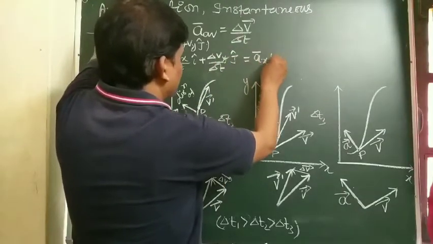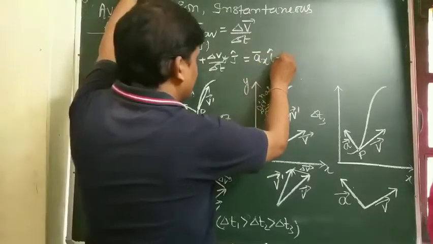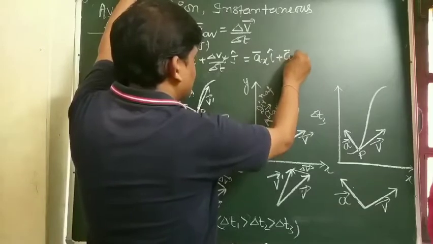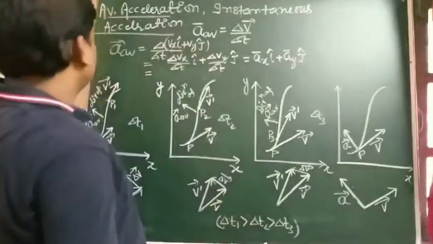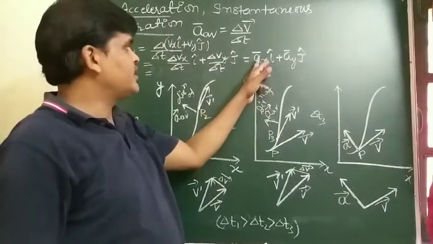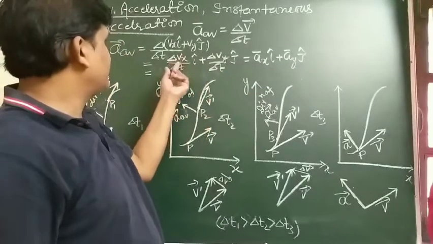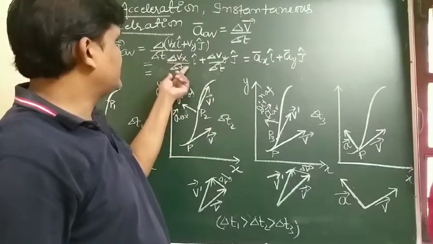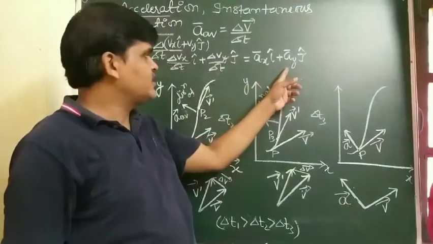This is the average acceleration Ax i cap plus Ay j cap, written as Ax bar i cap plus Ay bar j cap, because delta Vx by delta t is the acceleration along the x axis, and delta Vy by delta t is the acceleration along the y axis.